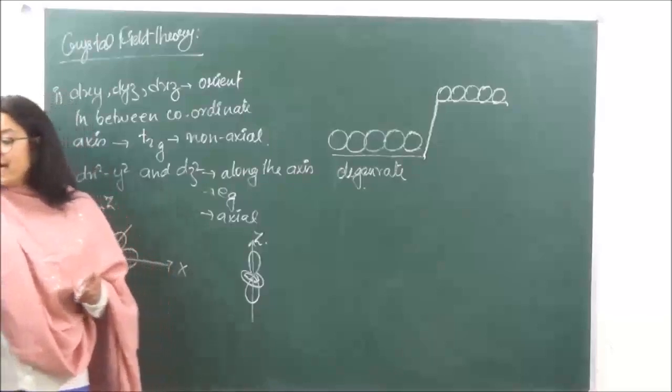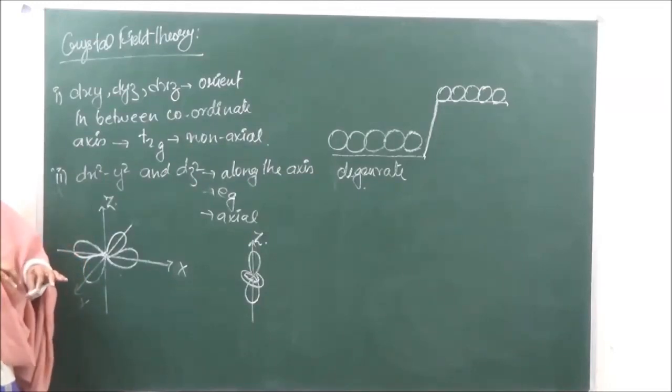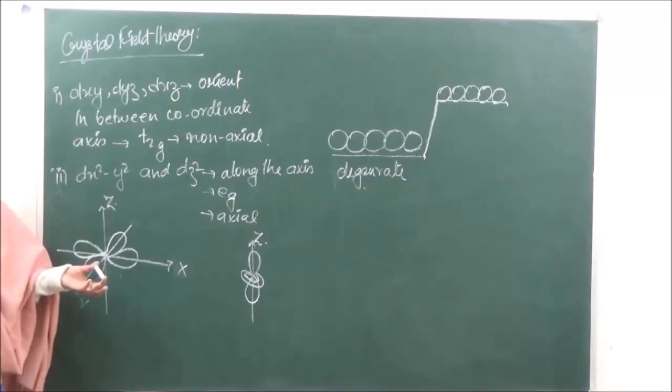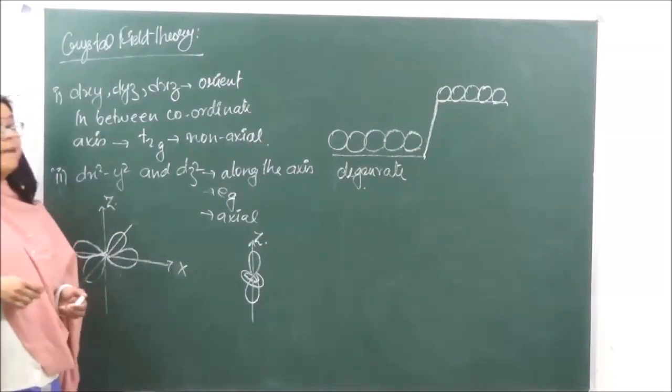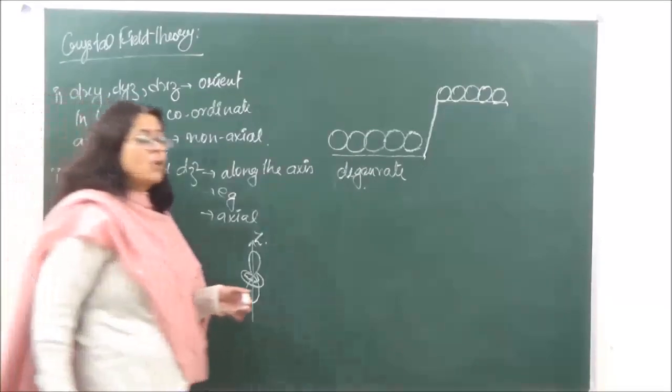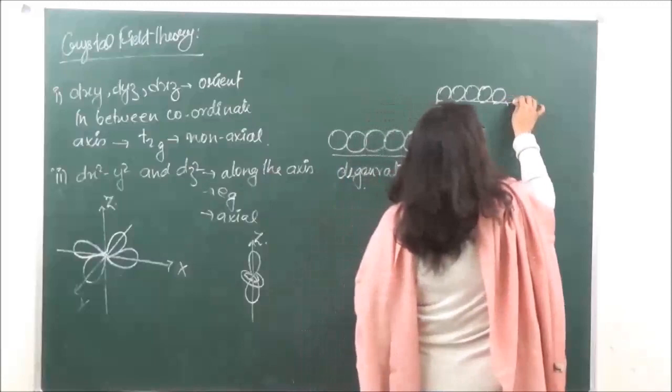So we say that the ligands may approach either in the direction or they may approach in opposite directions. So if they are approaching in the direction of the electrons which are present in the d orbitals, then there is going to be splitting of these orbitals, which takes place according to what we have seen over here.